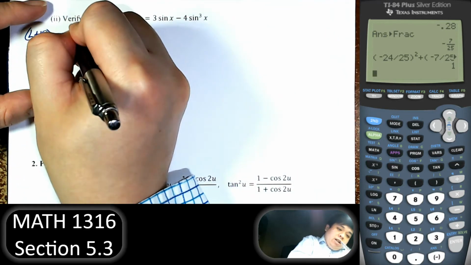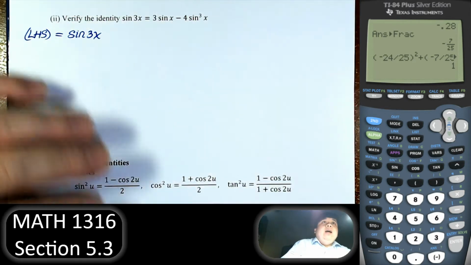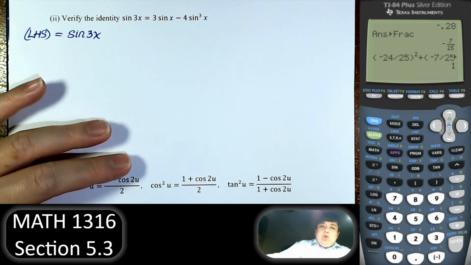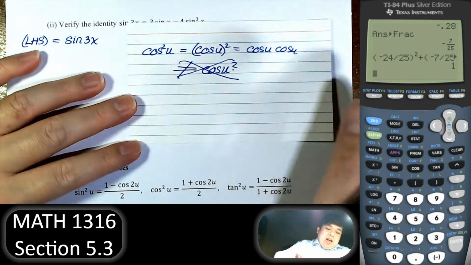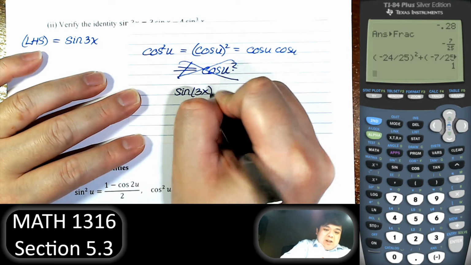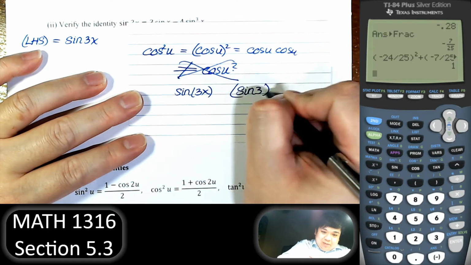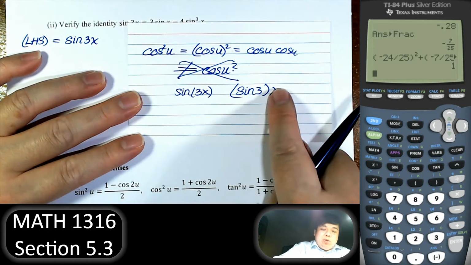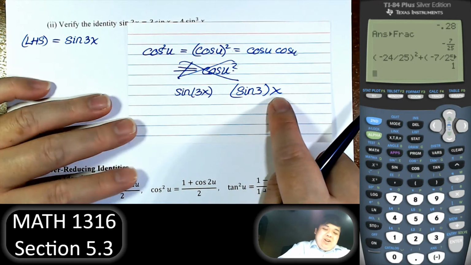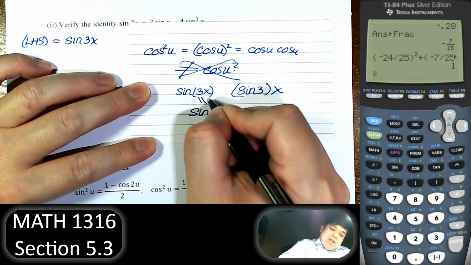So the left hand side is sine of 3x. Usually when we write sine of 3x like this, we mean sine of the quantity 3x, and rarely sine of 3 times x.